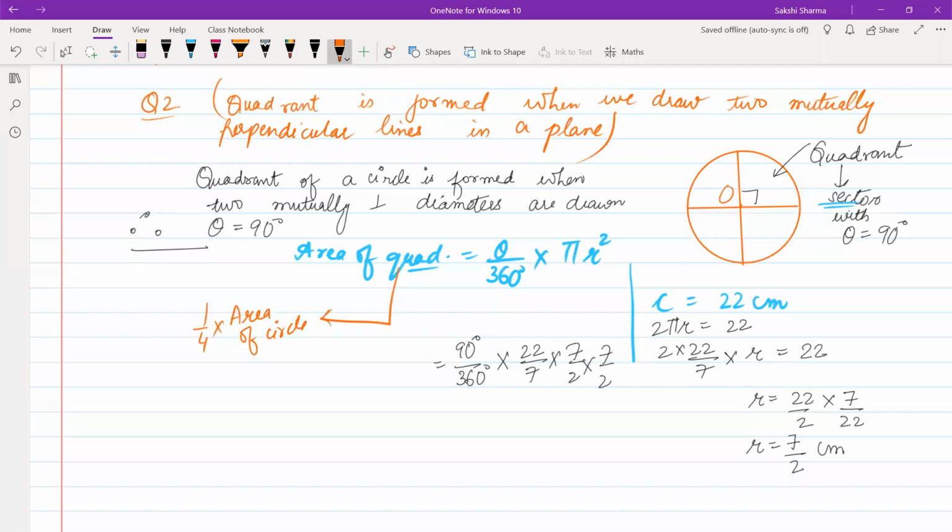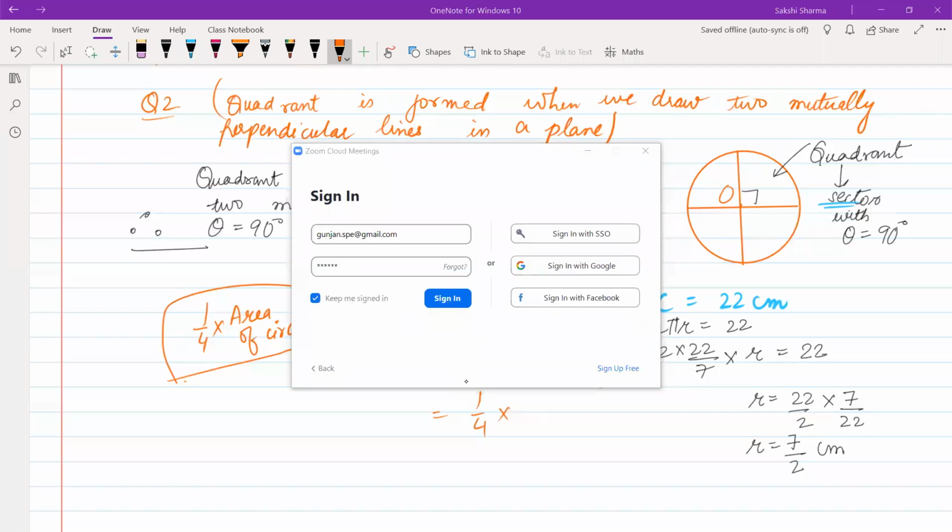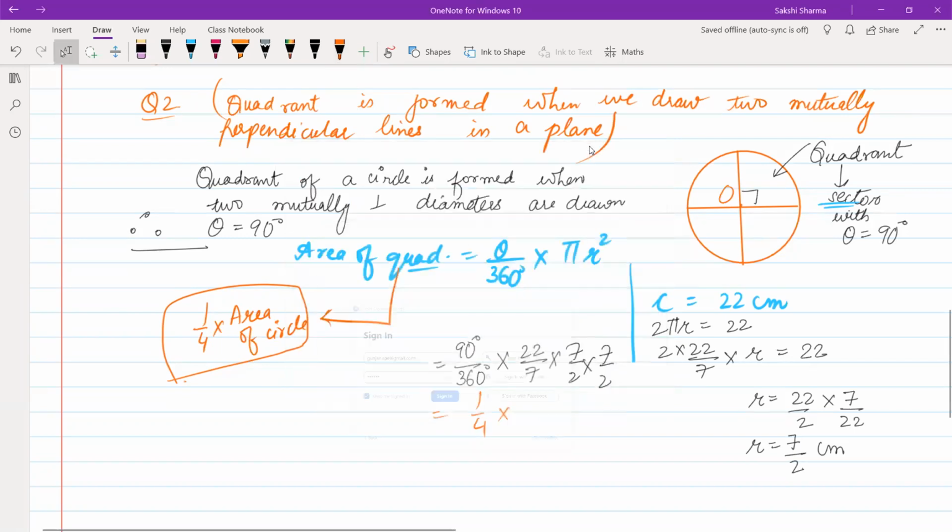This is another way you can find out the area of a quadrant. Please check if the answer is correct.